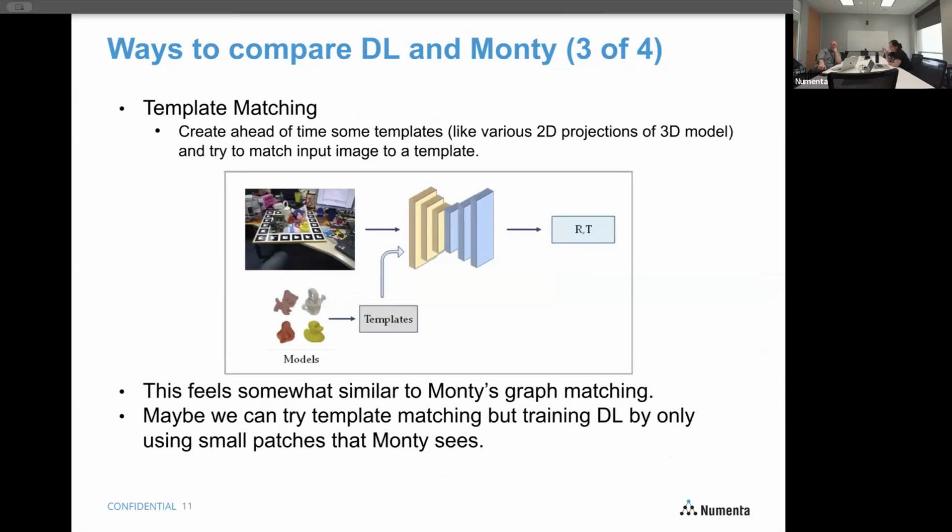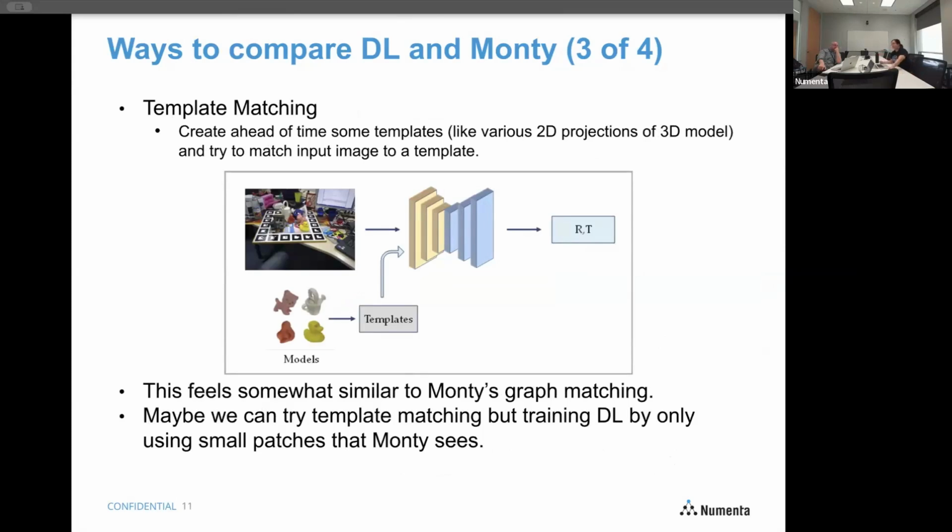Another third method is template matching, which I thought was kind of similar to Monty's graph matching. This one definitely needs 3D CAD models, but from the models we take 2D projections at various angles and try to match the input image to the 2D projections of the 3D model.